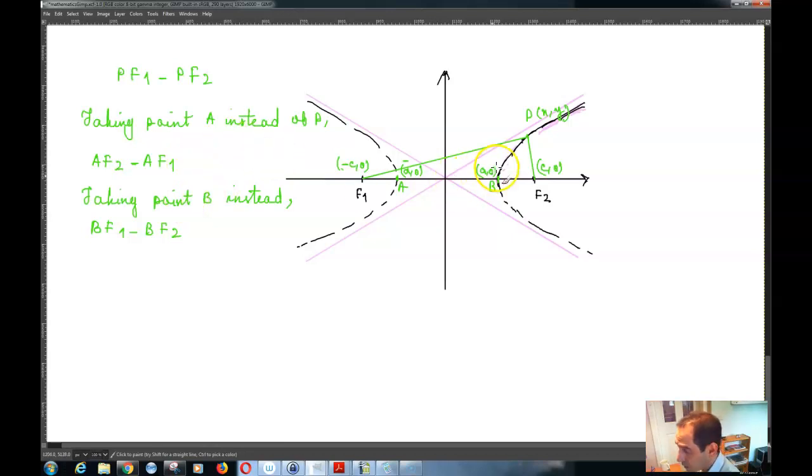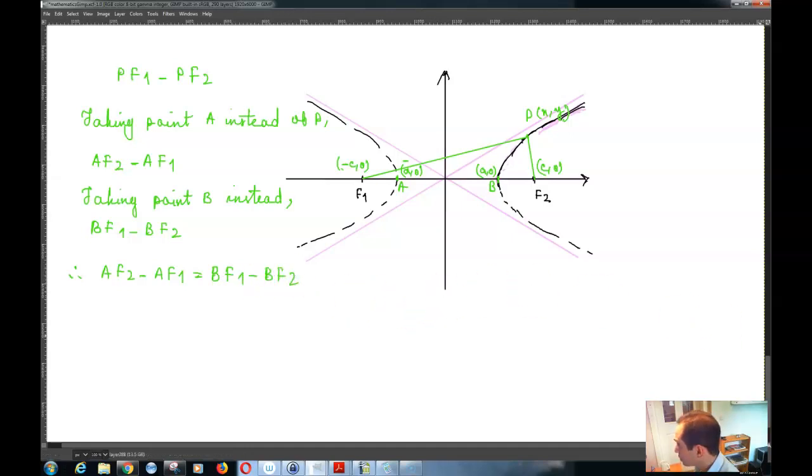Now, since any point that I take on any of these two parts of the hyperbola, if I take the difference of those distances, this is going to be a constant, so therefore I can write AF2 minus AF1 is equal to BF1 minus BF2.